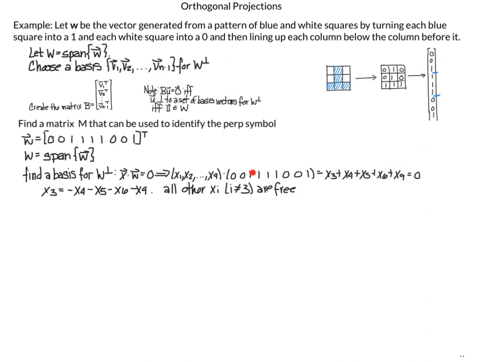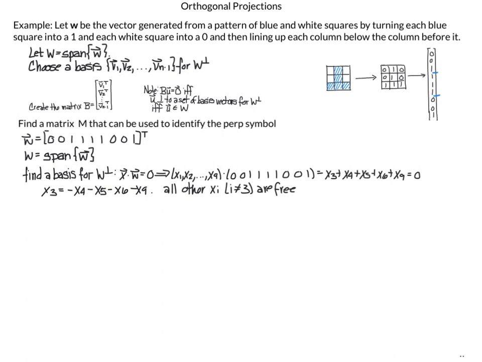You can see that 0 times x1, 0 times x2, 1 times x3, 1 times x4, 1 times x5, 1 times x6, 0 times x7, 0 times x8, and 1 times x9. So that's what our dot product gives us. x3, x4, x5, x6, x9 added together equals 0 when we're trying to find x dot W equals 0.